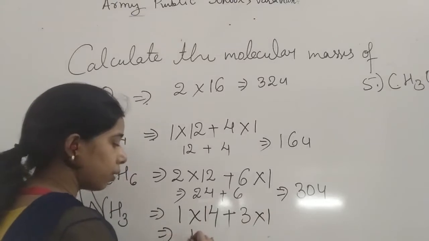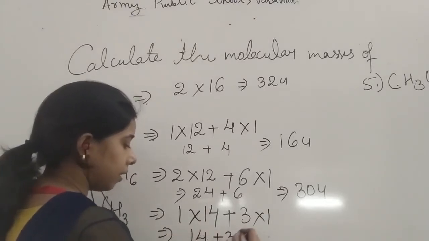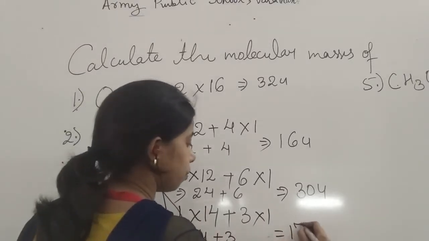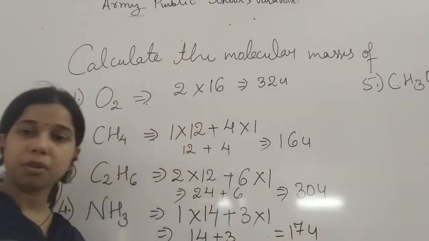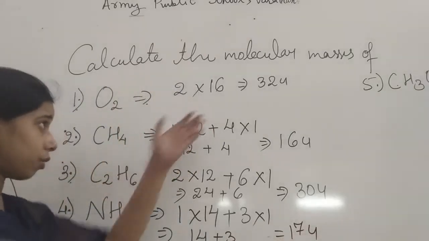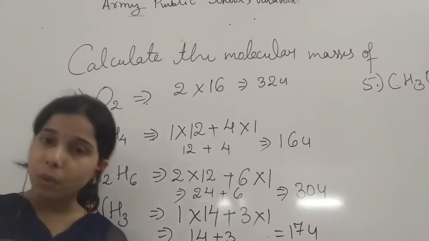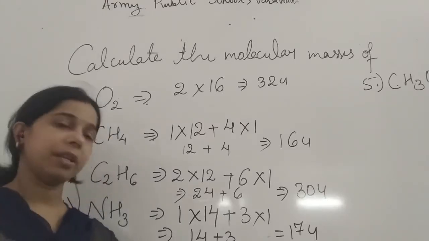So this will be equal to 14 plus 3, that will be equal to 17 U. So the molecular mass of ammonia or NH3 will be equal to 17.